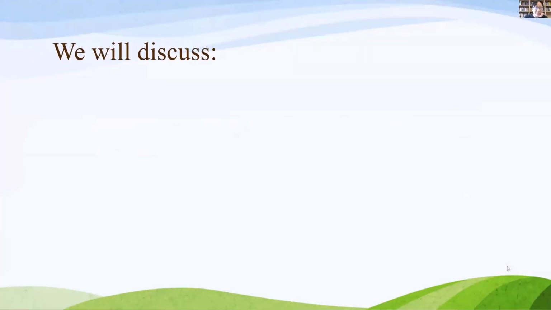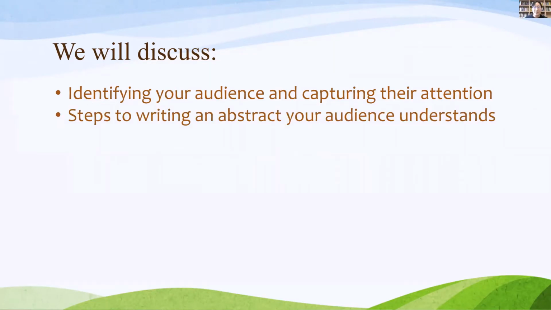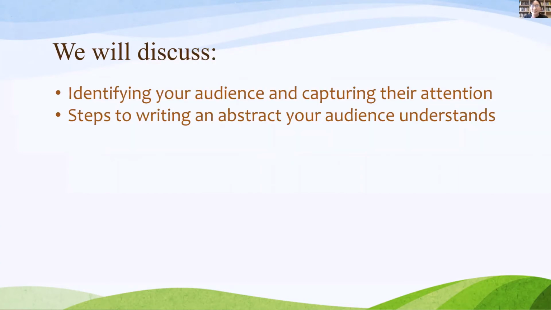So today we'll discuss how to do steps for your talk abstract, such as identifying your audience and capturing their attention, and steps to writing an abstract that your audience understands. And I probably should have included here what an abstract is.